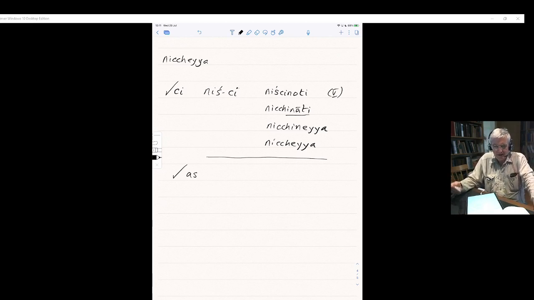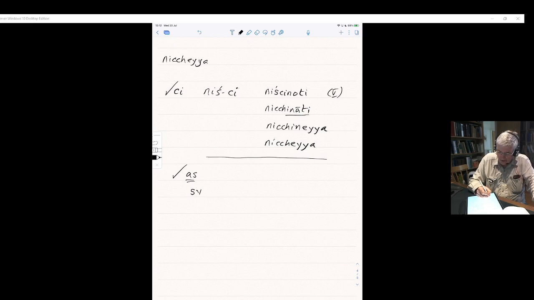The Latin esse, to be, the French être, and Spanish ser, and so on. In Sanskrit, one of the characteristics of this root is that often the a will drop off. So santi, they are, not asanti, but santi. And it drops off throughout the optative as well.